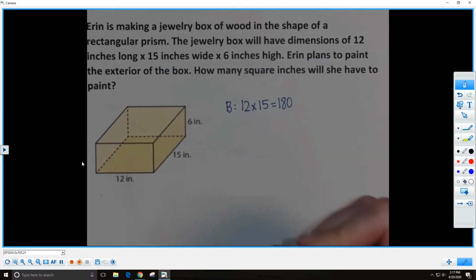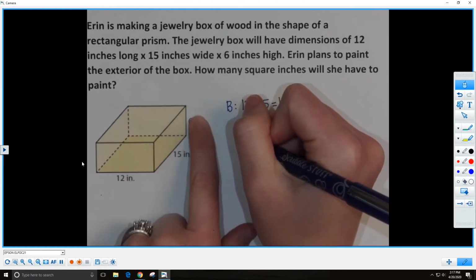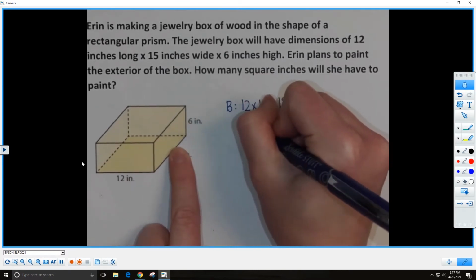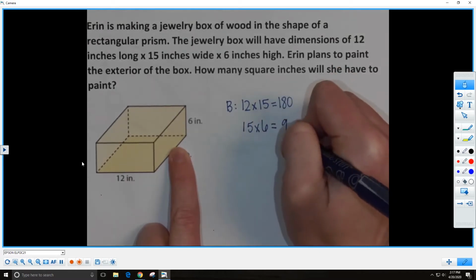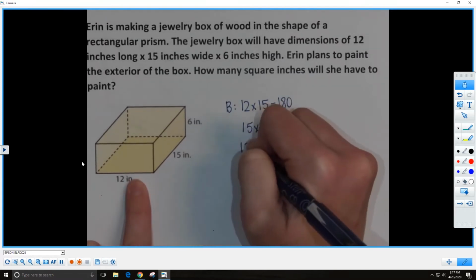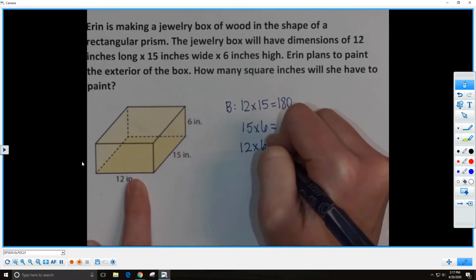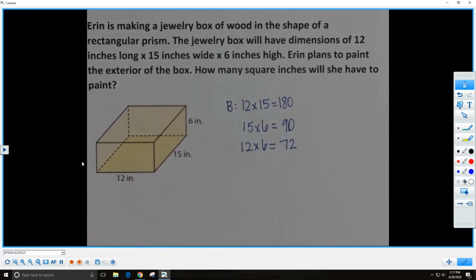The area of one of the 15 by 6 faces equals 90. Keep in mind that there are two of those. And then we also have one that is 12 by 6, and the area of that face is 72.